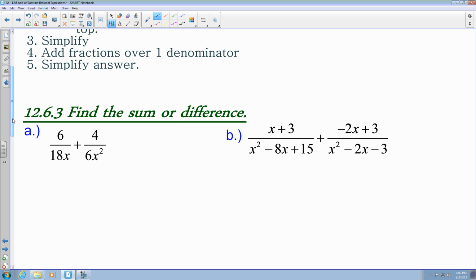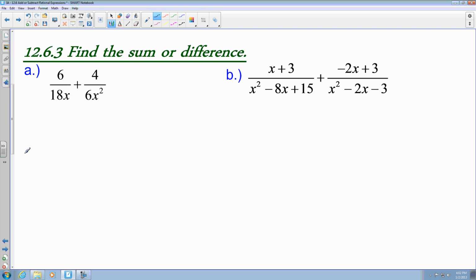Okay, so if I have my least common denominator, I look at it, it is 18x squared. So if I go 18x squared plus 18x squared, the only thing that I did to the first denominator is I multiplied by another x. So that means on the top I have to multiply by another x.